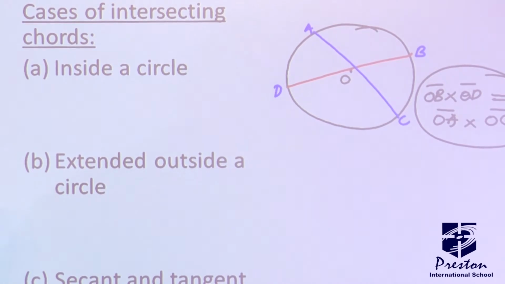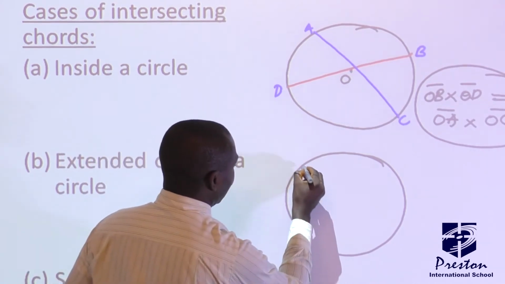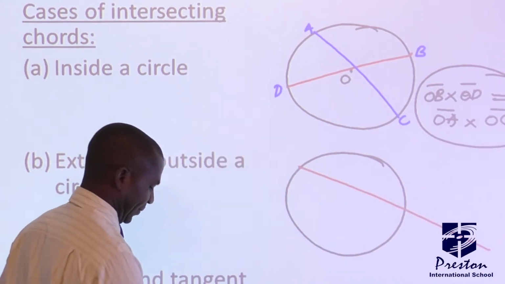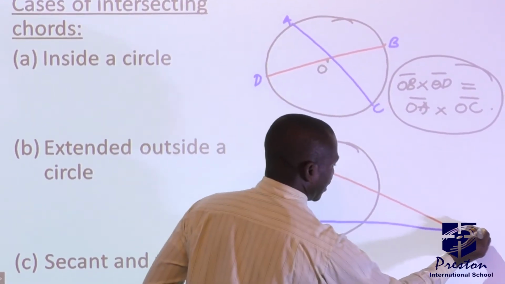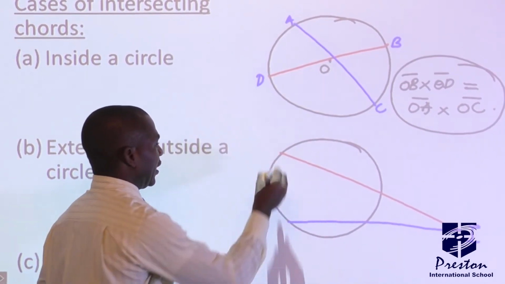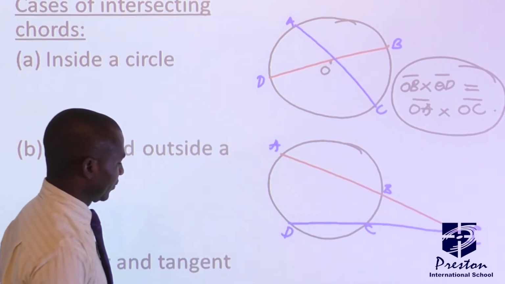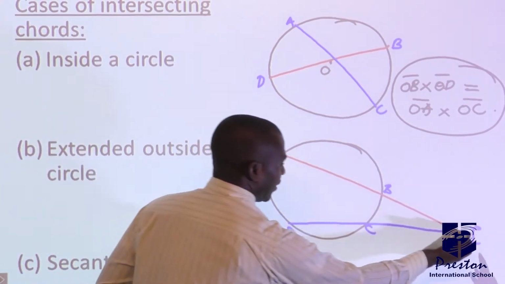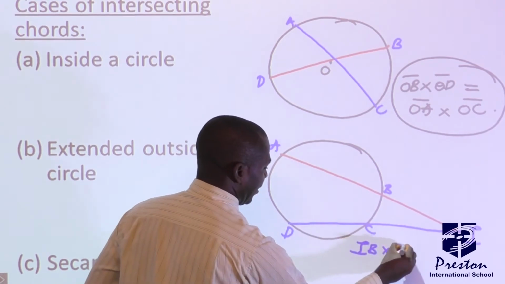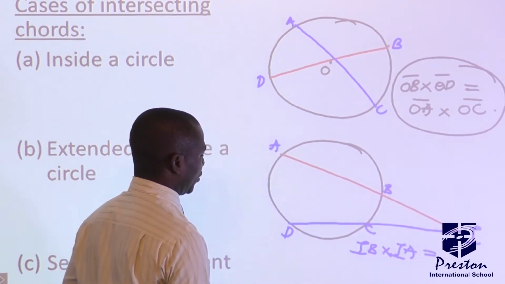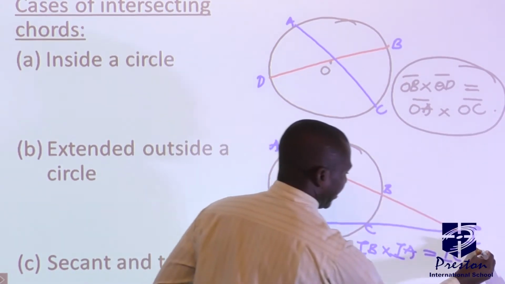Now, for extended outside a circle, if we have this maybe going out, and I have this going out, let's call this point I, and let me call this A, B, C, and D. Now in this case, the length IB times the length IA is equal to the length IC times the length ID.